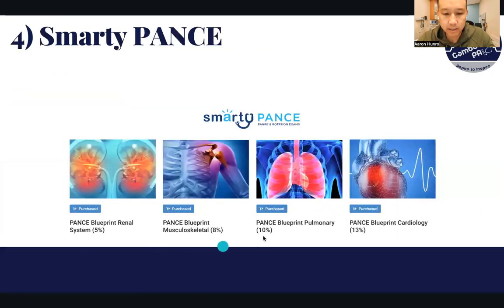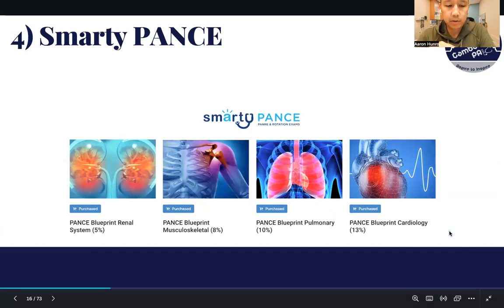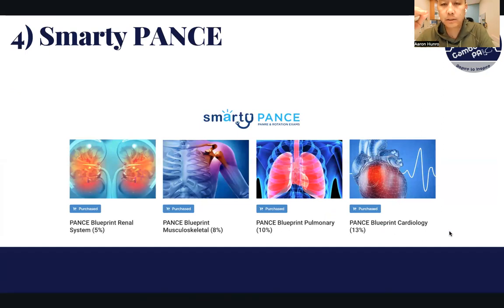Smarty PANCE is a resource specific to PA schools. It gives you the different blueprints and every single condition and diagnosis on the PANCE that you're expected to cover. However, is it in the full depth? Not necessarily. It's pretty summarized in terms of the key buzzwords, the key diagnoses and etiologies that you quote unquote need to know, but not into the full depth and extent.